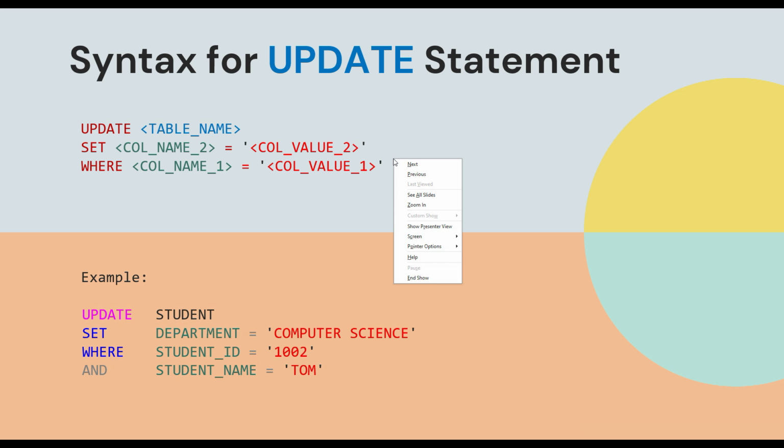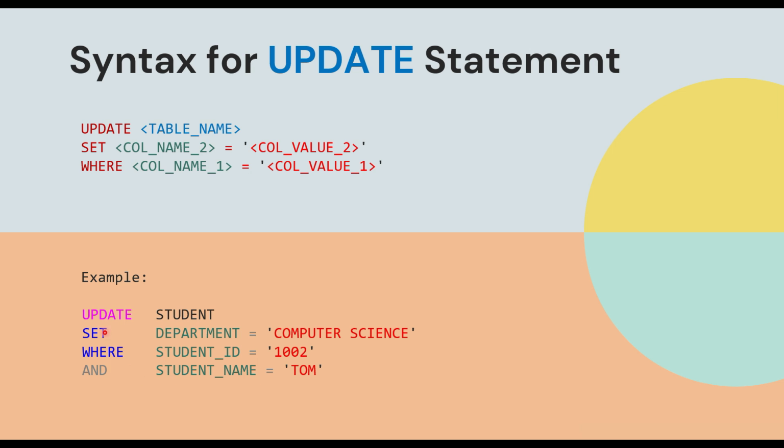So just put a pointer so that it's visible. This specifies the new value, this specifies the column where you wanted to update, and this specifies the identifier. So column 1 is an identifier, column 2 is the place where you wanted to update, and this is the new value, and column 1's value is the unique identifier to identify the record where you wanted to update. So I think it's clear now.